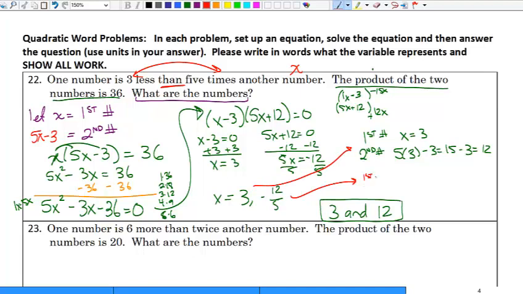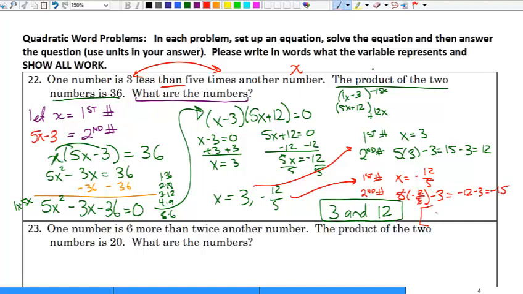Now that's not the only pair of numbers. Let's say the first number, x, is equal to negative 12/5. To get the second number, I would have to plug in 5 times negative 12/5 minus 3, which gets me, let's see, the 5's divide out nicely, and negative 12 minus 3, which is negative 15.